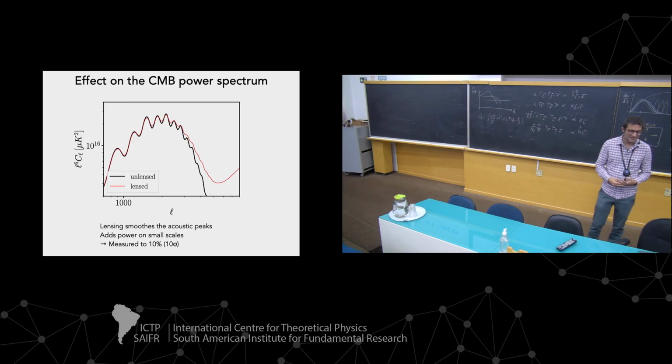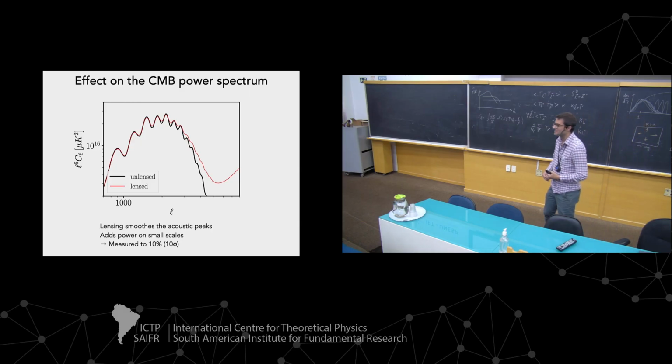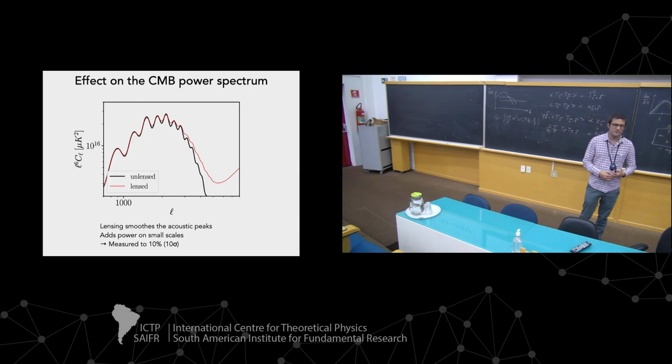Yes, thanks a lot for asking, because I wish I had time to talk about this. So there's two things. One is you can just measure the B-mode power spectrum. And this has been measured; from last time's lecture, I have a plot with measurements. There is a measurement of the lensing B-mode power spectrum. But then the other part of your question is using the B-modes to measure lensing.